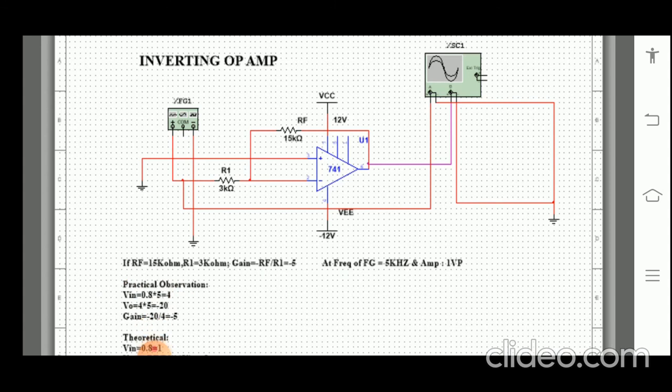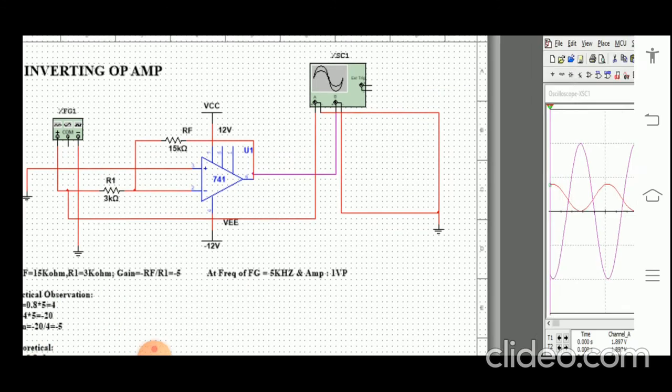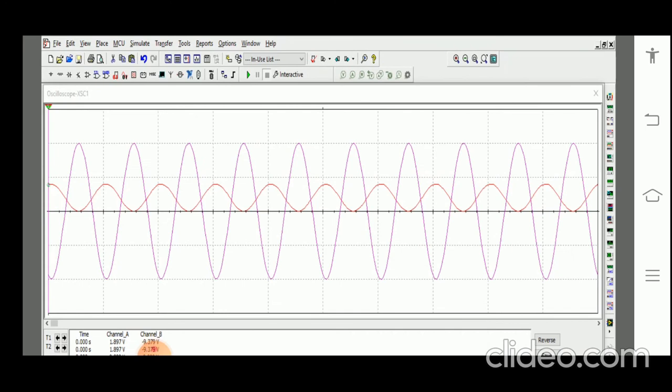Okay, for the gain, first we need to calculate the gain, and from the output graph we need to verify the manual gain with our practical gain. So the practical gain will be obtained from the graph that is obtained in our CRO.